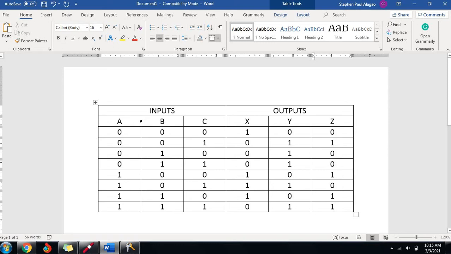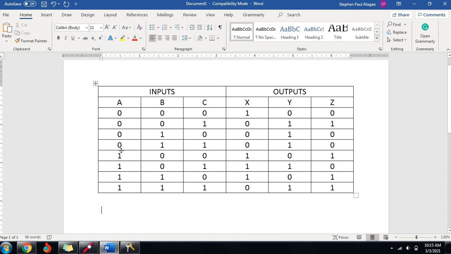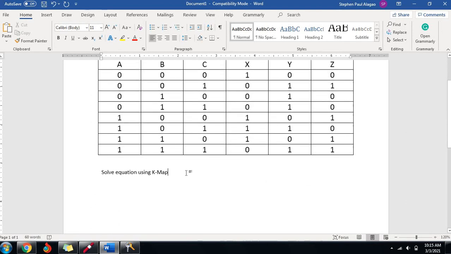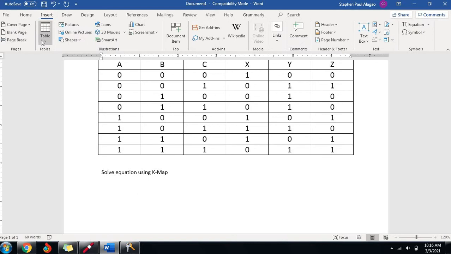Next, we're now going to solve for the equation using k-map. We have 3 inputs here. So I will just insert the table here.